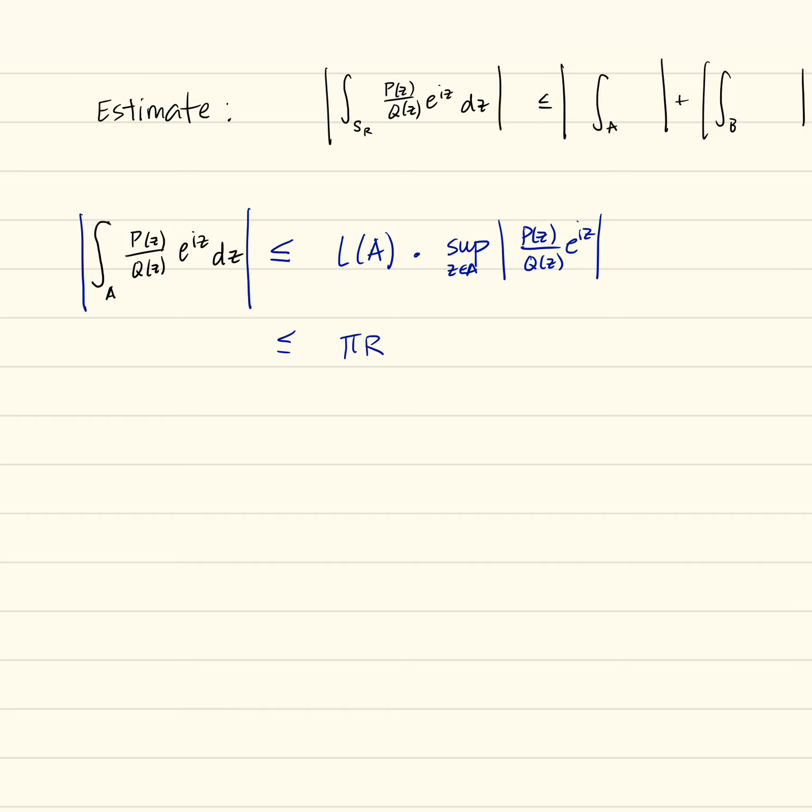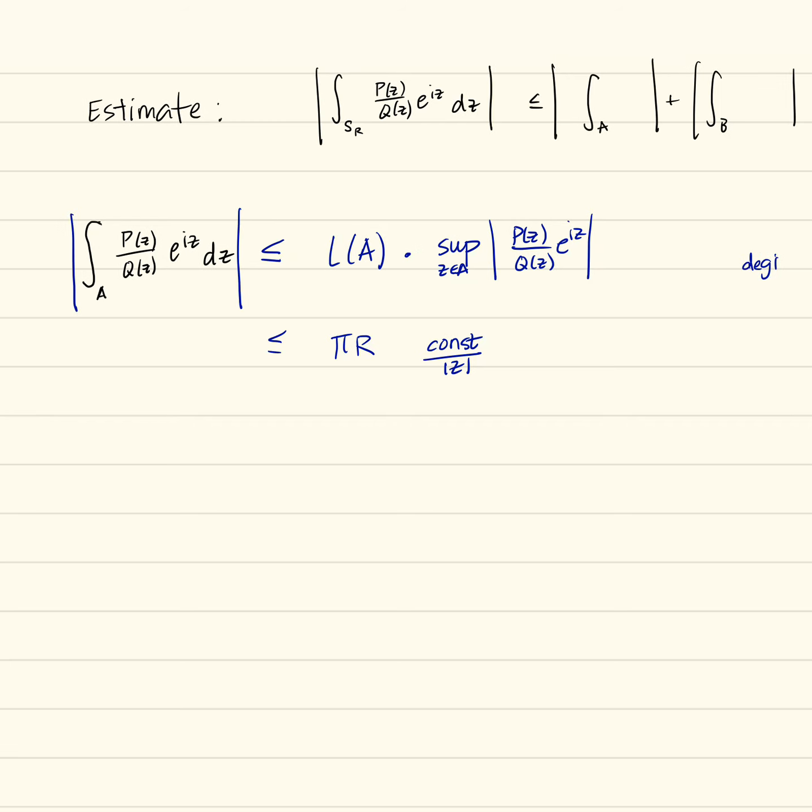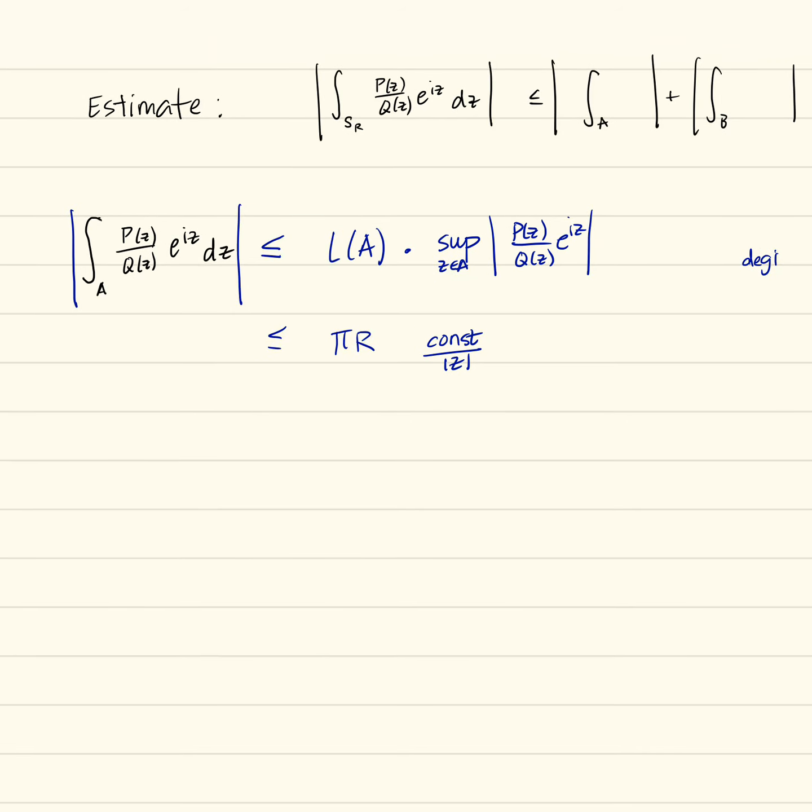And for here, we will have some constant over the modulus of z, because remember, we are requiring that the degree of P be strictly less than the degree of Q, right?